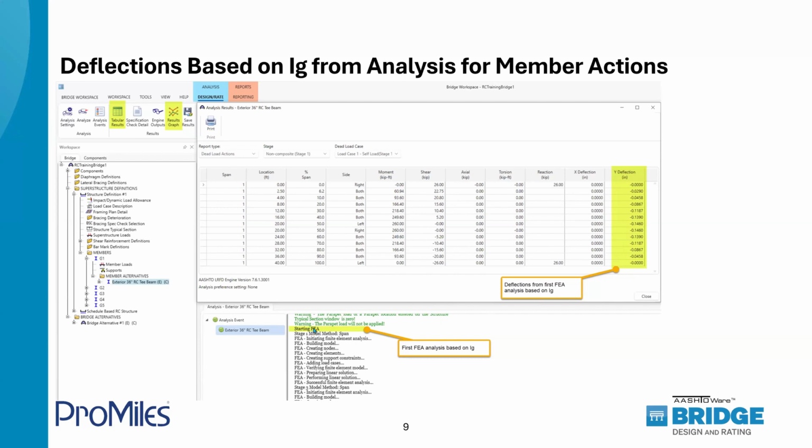The first analysis, the finite element analysis, uses the Ig, which is the gross moment of inertia. So whenever we see them together, these are the deflections based on Ig. They will show up under tabular results and in the results graph.